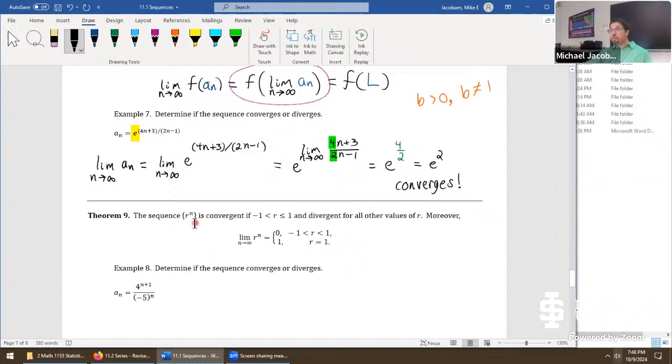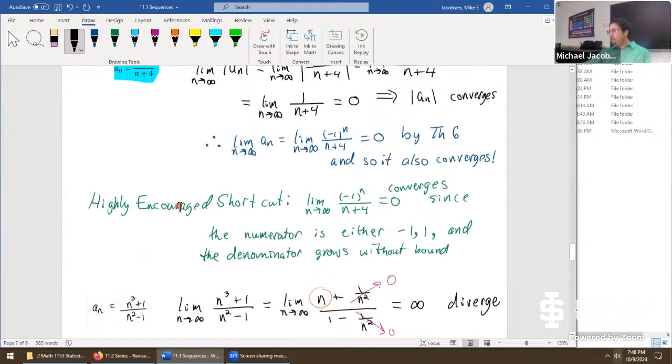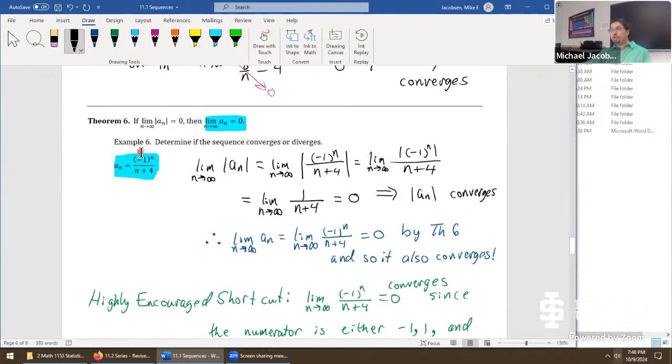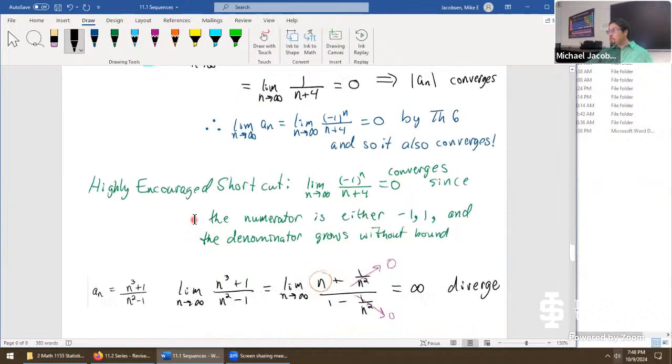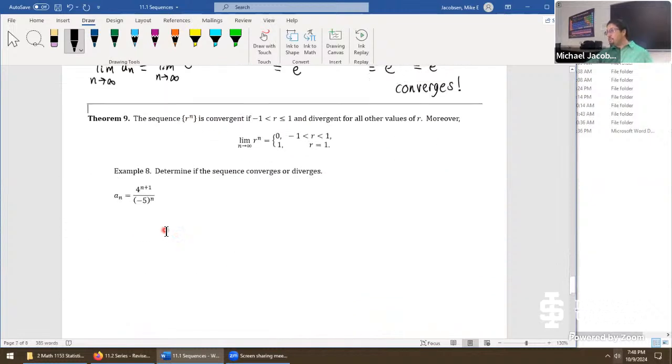So this goes along with the related comment that was made earlier. What would happen if it wasn't a -1 to the n, but like a -4 to the n or a 3 to the n? Those kinds of sequences get resolved by theorem number 9. Theorem number 9 says the following. A sequence like r to the power of n is convergent as long as your base r is strictly bigger than -1 and less than or equal to +1.